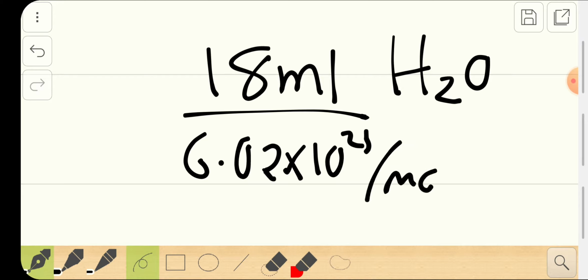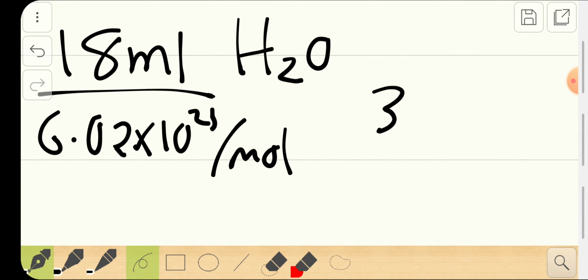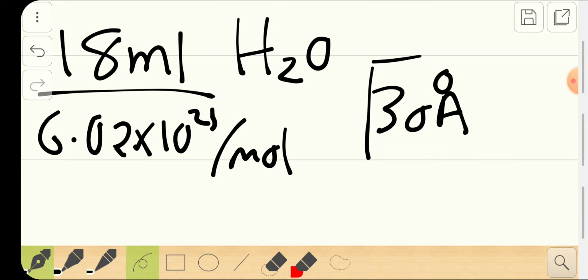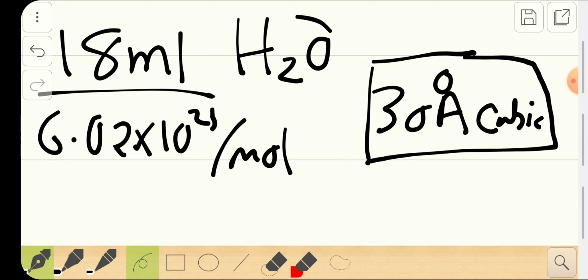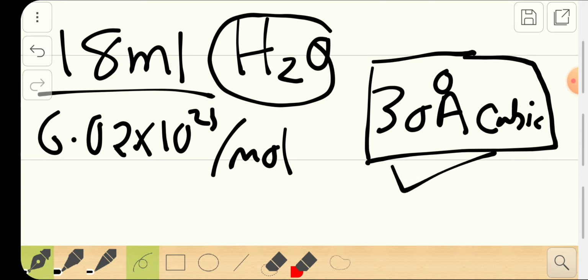Per mole, if you divide it by this number, you get around 30 cubic angstroms, right? So the smallest particle present inside an H2O molecule is of the size of 30 cubic angstroms. Okay, that's the smallest particle that it can have.